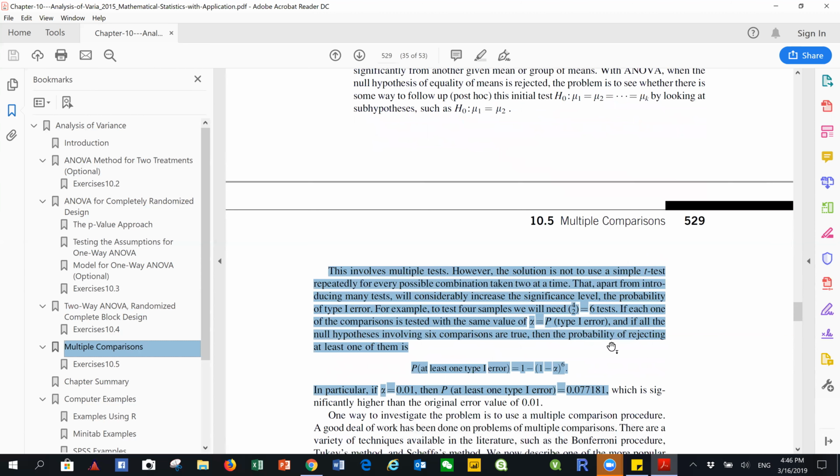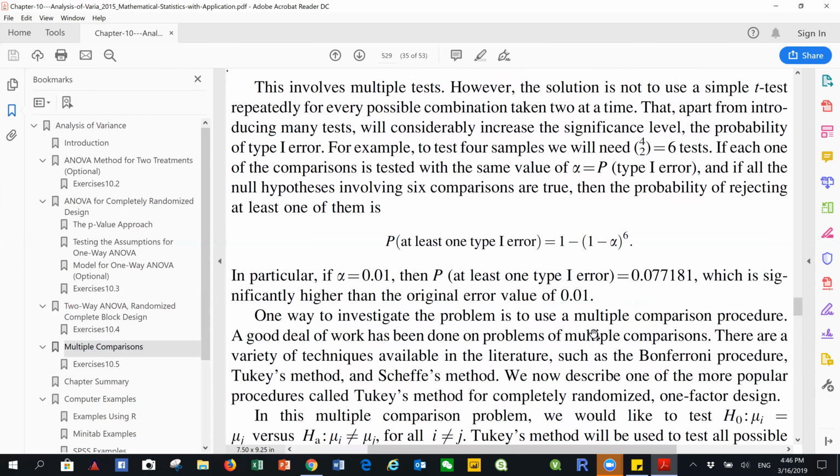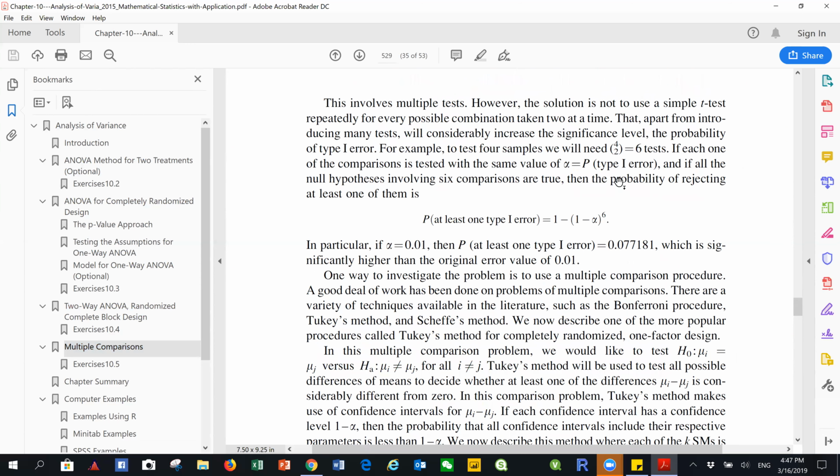The calculation shows that if you have four independent means to compare, and each time you compare two, 4 choose 2, you have to conduct all 6 tests.